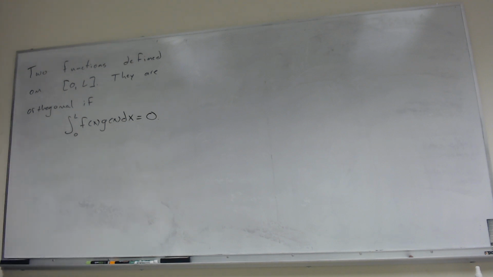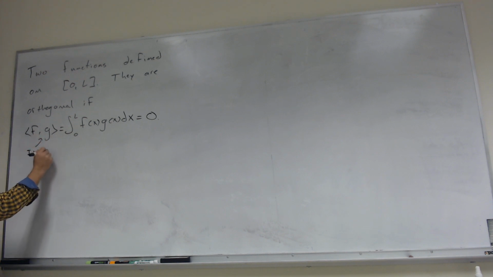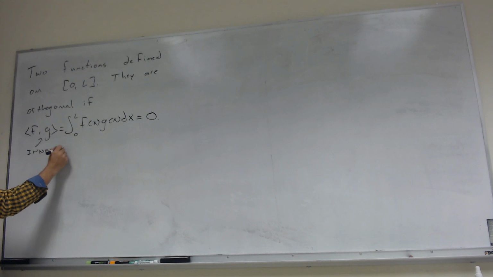And hopefully you remember from a linear algebra class, there's a reason we call this orthogonal. This integral pairing is known as an inner product. It is a generalization of the dot product.